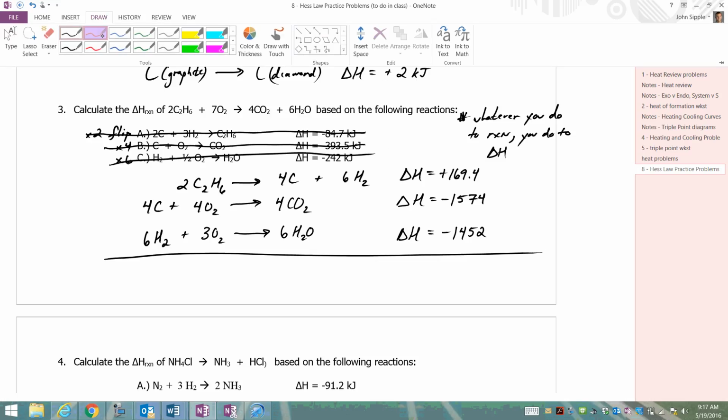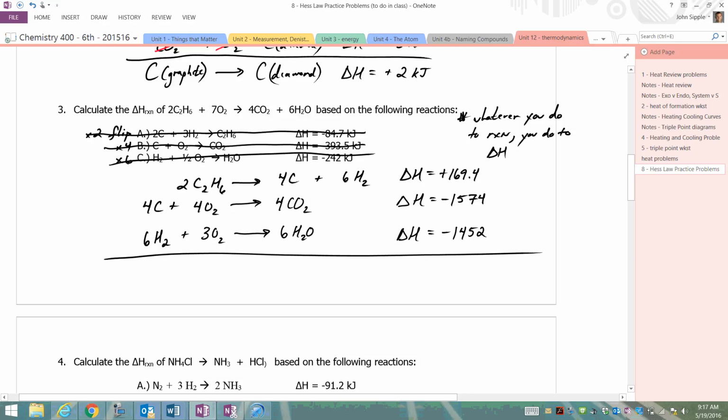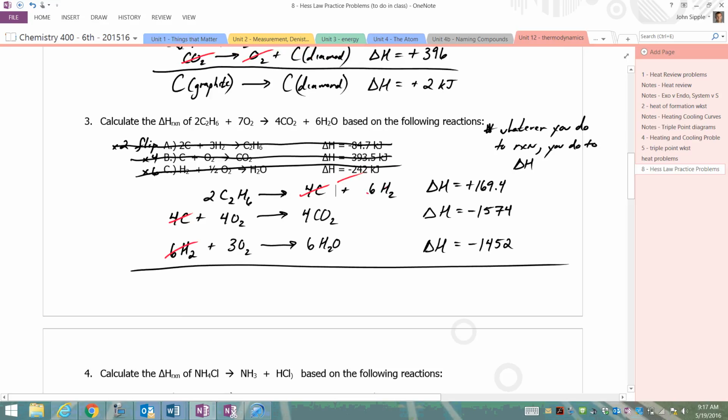Pull up the red pen and start crossing stuff out, right? So I have 4 carbons on the reactant side. I got 4 on the products. So those are gone. I've got 6H2, 6H2s. Oops, those guys are gone. And it doesn't look like anything else cancels out.